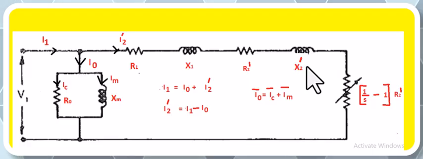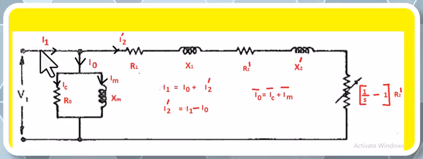This is the mechanical equivalent load, that is nothing but (1/S minus 1) into R2 dash. Here S is the slip, which is dictated by the rotor speed.